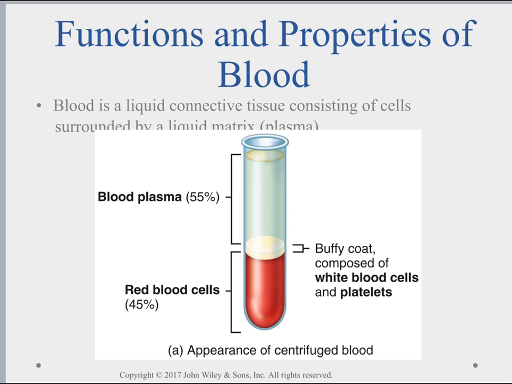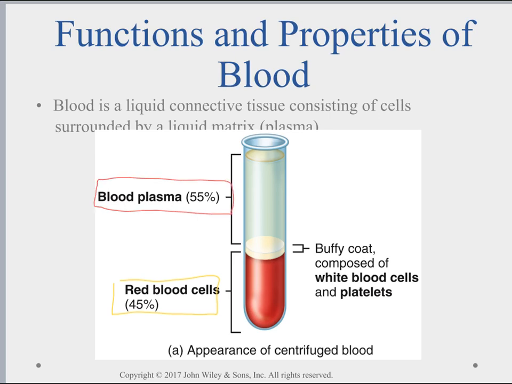If we were to take a vial of blood and centrifuge it or spin it down, we get a couple of different layers. We get a formed element layer, which is our red blood cell layer, and this constitutes about 45% of the entire tube. Then we get our blood plasma. Again, this water layer makes up another 55%.